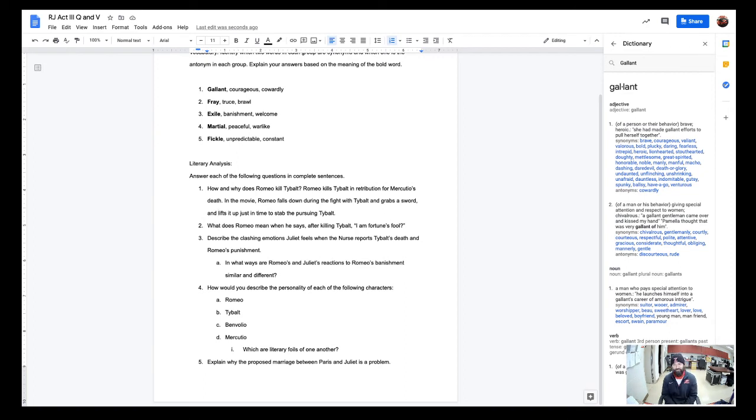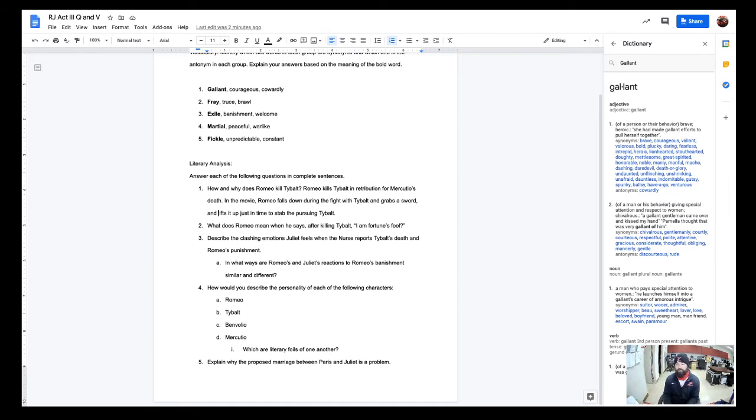So that's kind of the thing with this fight scene. It's always kind of been done where Romeo is fighting this dude that's really, really good at fighting. How does a dude that's not really good at fighting kill a dude that's really good at fighting? It's got to be luck. So Romeo falls down, grabs the sword off the ground, and just in time, Tibble's really aggressive, he's coming after him, and boom. That's how it happens.